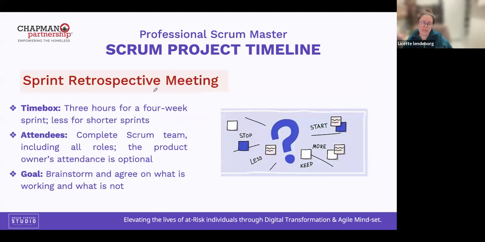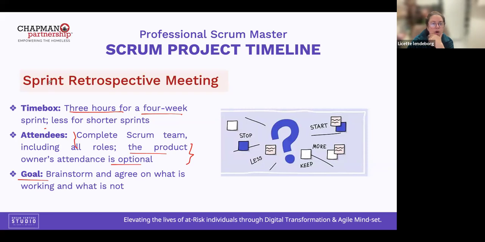Sprint retrospective meeting. It's 3 hours for a 4-week sprint. Who's going to attend? Everybody, all roles. They say sometimes that the product owner is optional. No, I don't agree. That is Scrum.org. They say it's optional, but my recommendation is that everybody attend this meeting.